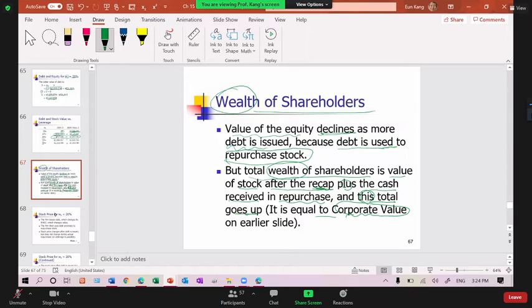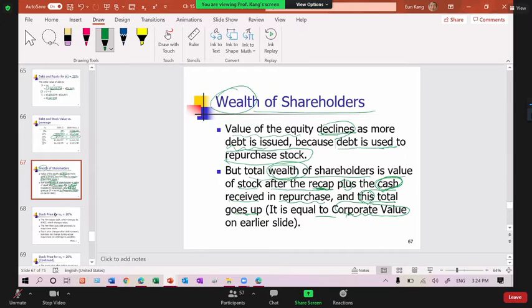Stockholders are equity holders, right? Equity value goes down, but total shareholder wealth goes up. Because what? Shareholder wealth is not only equity, but also the money, the cash they get when the company repurchases stock.